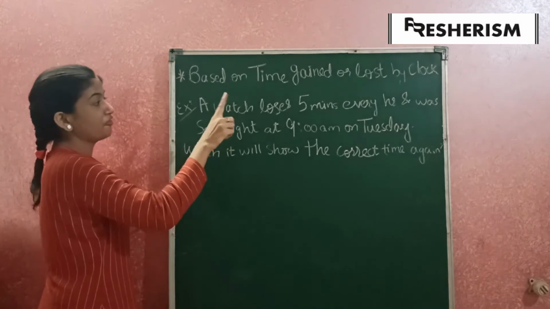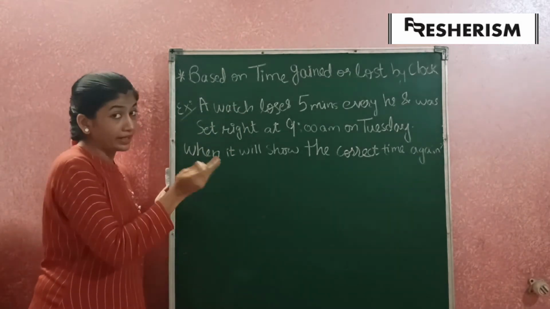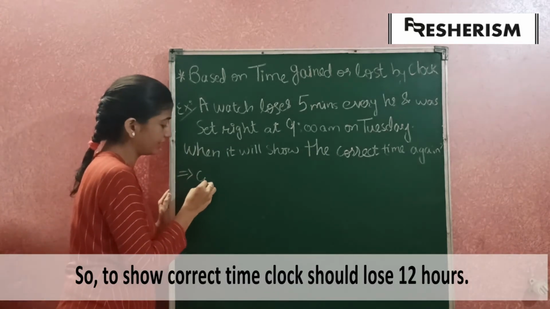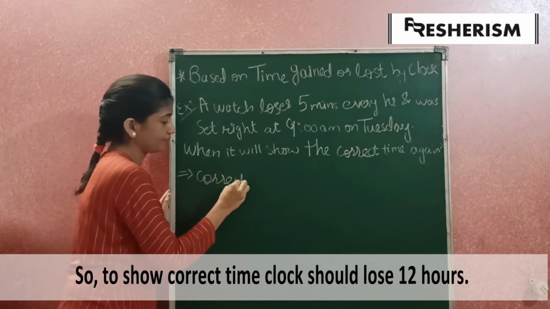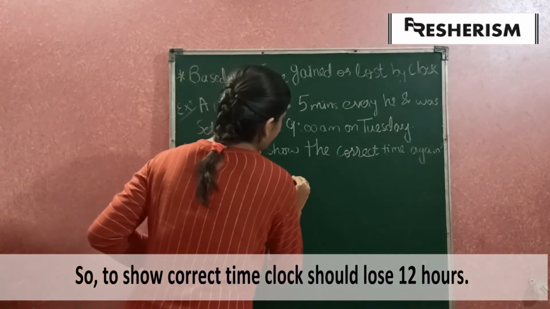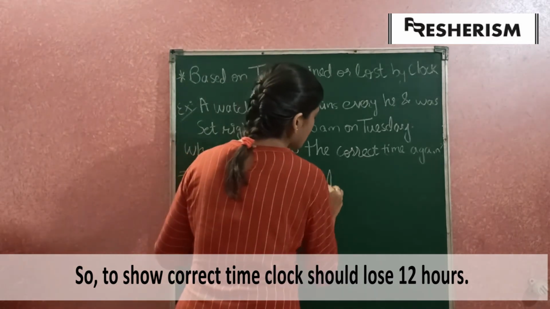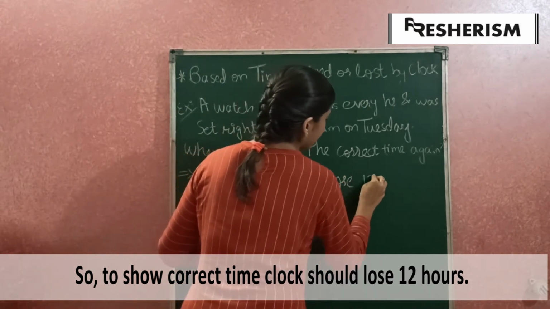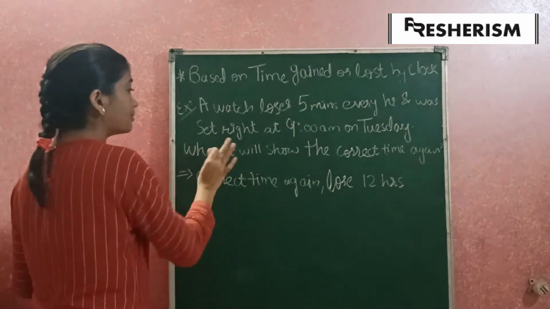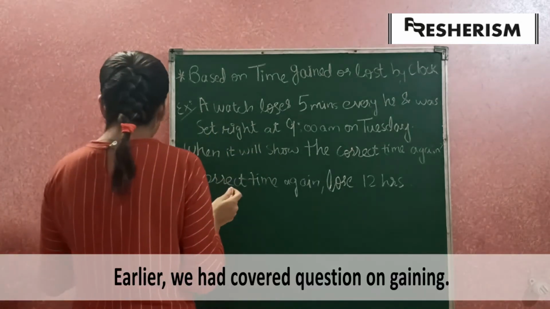It is losing 5 minutes per hour. So for showing the correct time again, it should lose 12 hours, right? As discussed in our previous example, this is similar to our previous example, but instead of gain it is loss, right?